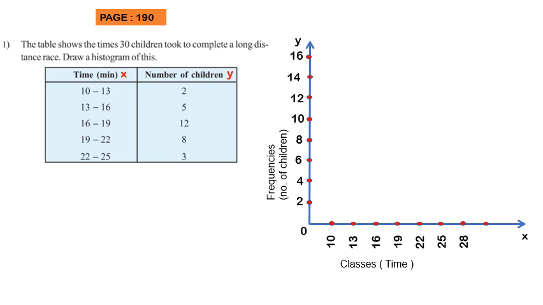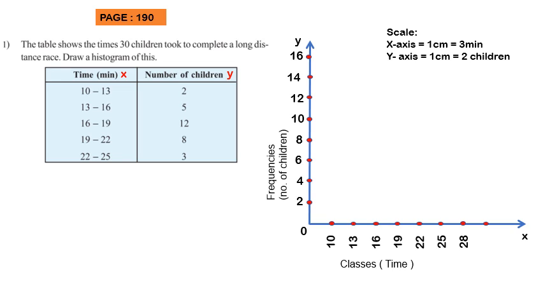And write here as frequency or number of children. After completing the scale arrangement, we should mention these on the top. It is very important. Here you know x-axis 1 cm equal to 3 minutes and y-axis 1 cm equal to 2 children. Then start construction of rectangle.